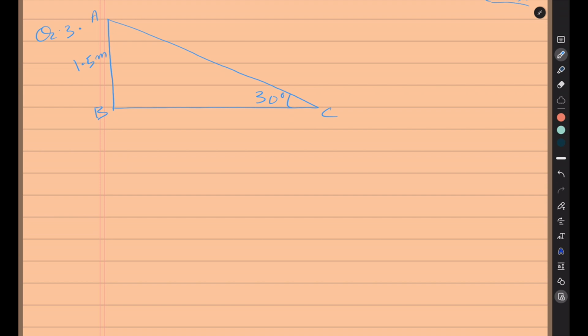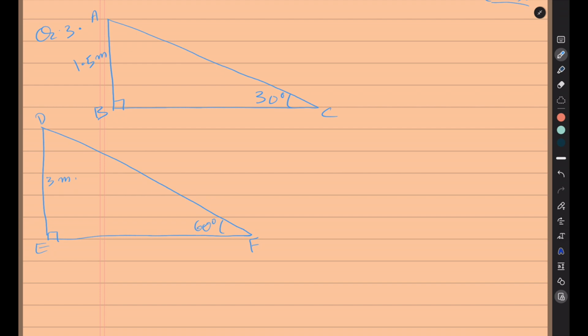Okay, so for the elder children, the height of the slide is 3 meter, and the incline is 60 degree. This is 90, this is also 90. Let us call it DEF.